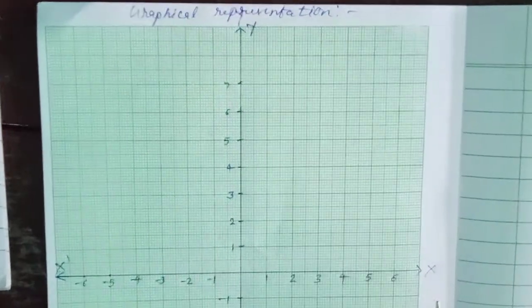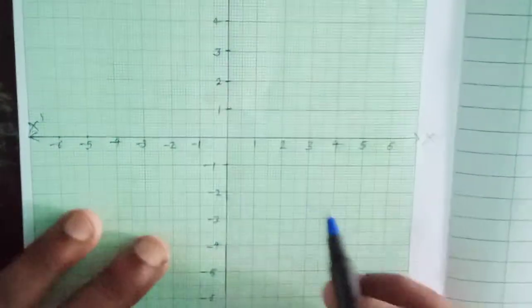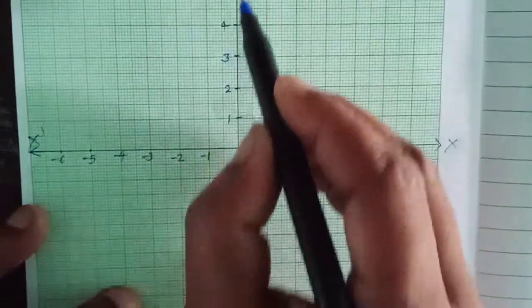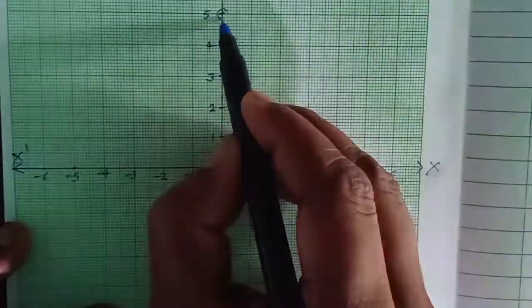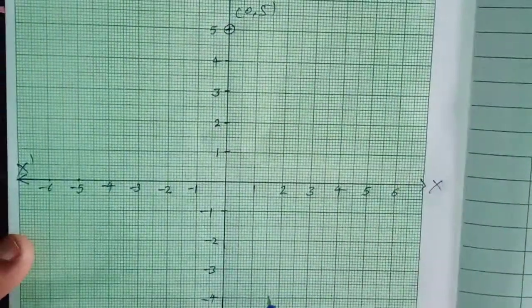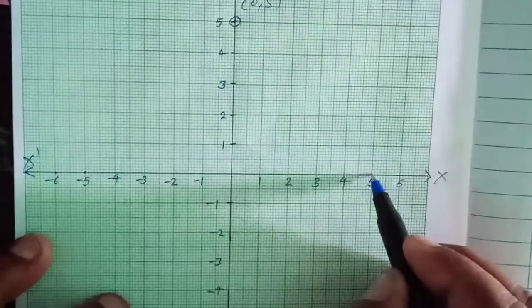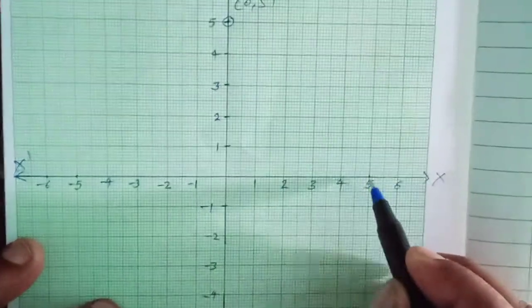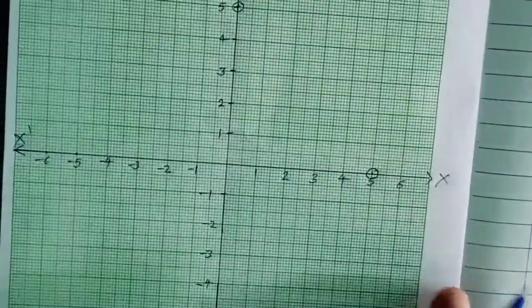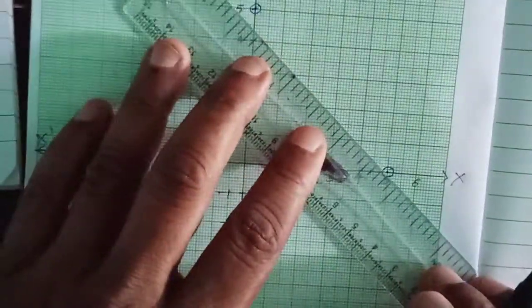Let us plot this point 0, 5: x is equal to 0 and y is equal to 5. This point is 0, 5. And second, 5, 0: x is equal to 5, y is equal to 0. So the second point is this. Now join these points to draw the line.